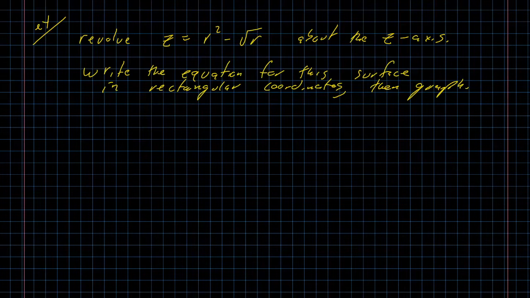So I would like to revolve the equation z equals r squared minus the square root of r about the z-axis. I want to write the equation for the surface, write the equation in rectangular coordinates, and then graph it to see what we end up with.